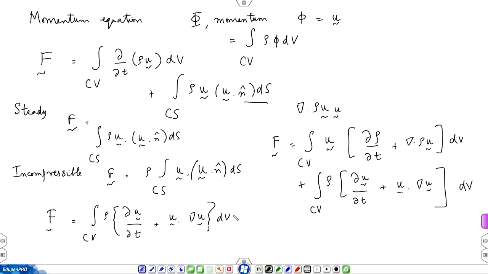Acceleration. It does not look like acceleration, but it is acceleration that we will study a little more as we go along. So you are not saying anything new at all. This is simply Newton's second law of motion in a structured mathematical form involving flow quantities, particularly velocity and density. And that is equal to the sum of all external forces acting on CV, on the fluid medium.